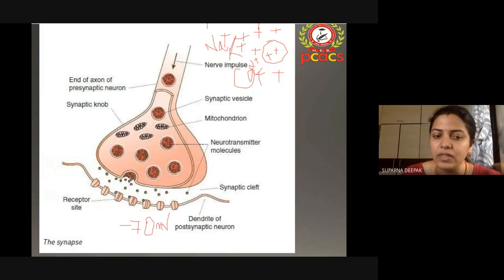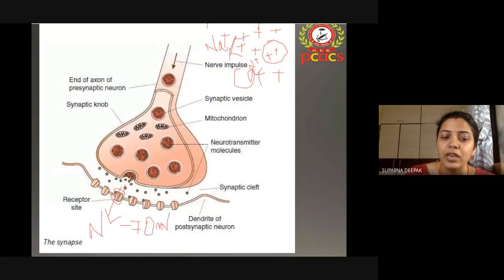Because of this gradient, what happens when these channels open up? Because of the binding of the neurotransmitter, these channels will open up. When these channels open up, the sodium plus ions come inside.